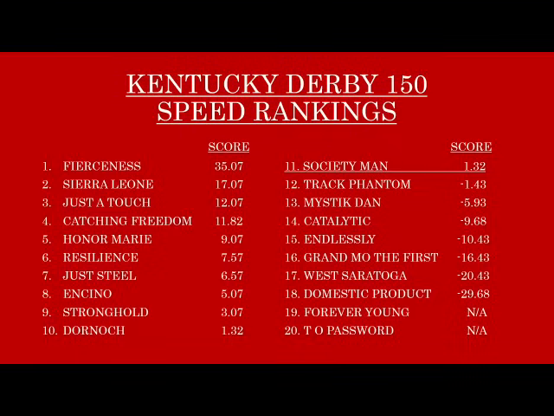But they know how to calculate their numbers better than I do, and I'm certainly not going to question the validity. But they were very interesting compared to the Beyer speed numbers. So maybe that's helpful in gauging what to do with Resilience and Society Man in this race, because on the Beyers, I might tend to toss.